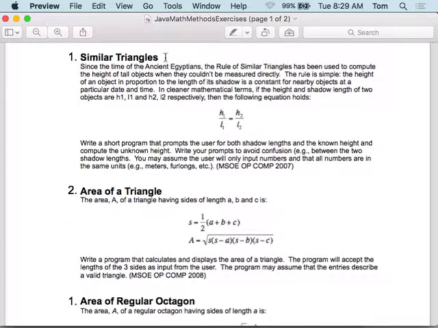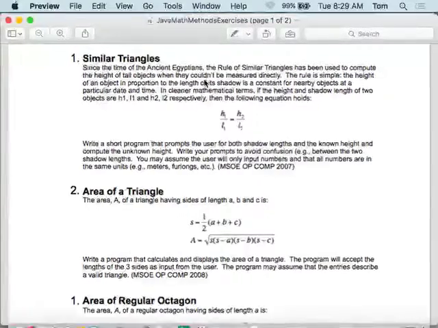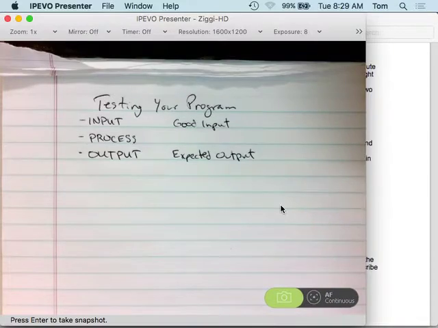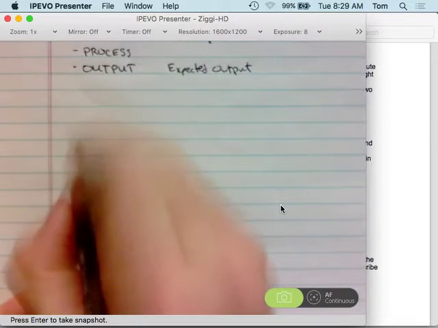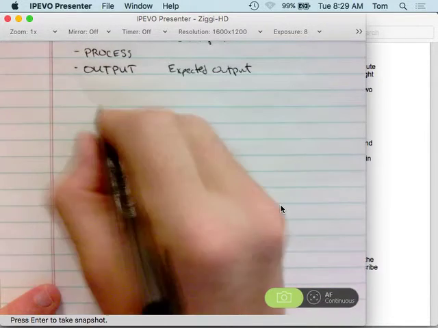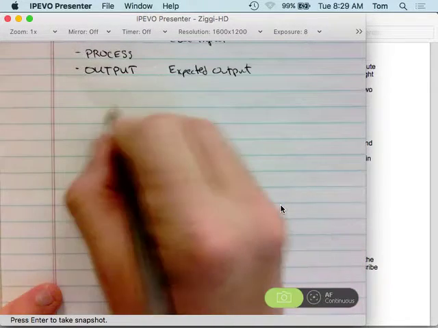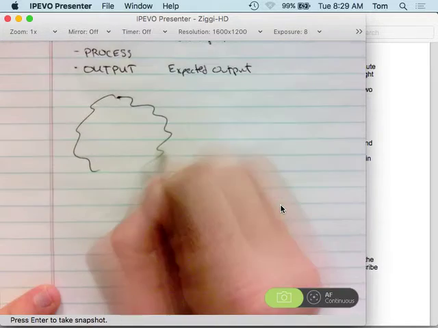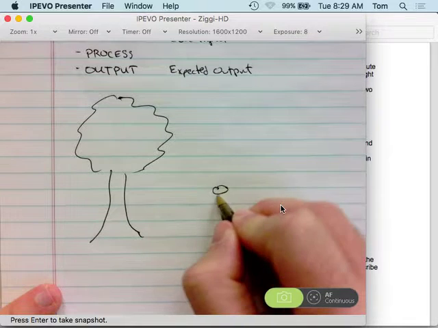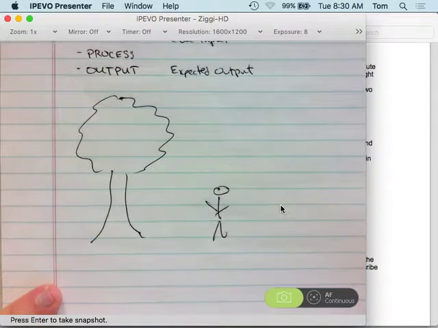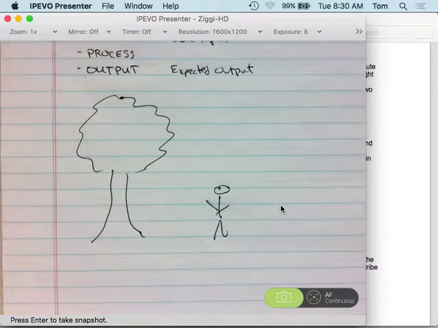Here's the similar triangles problem. This is that classic problem, and I'm sure that you've done this in a math class before. We're standing next to a tree. We know how tall we are, but we don't know how tall the tree is.